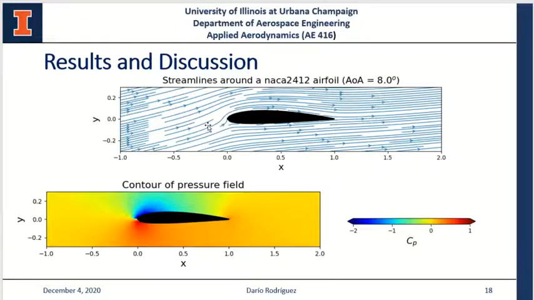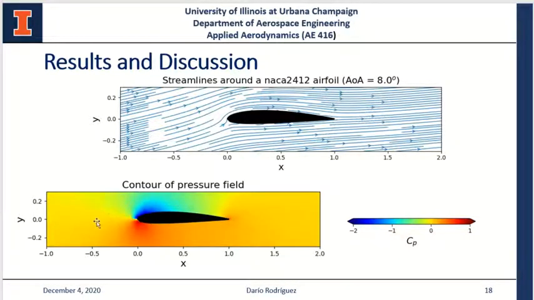What we can see here is that the streamlines go all around the airfoil and they end right here at the trailing edge, where they recombine. So they are fulfilling the Kutta condition right here, and the pressure coefficient also shows us that there is a suction peak right here and also a stagnation point right here.